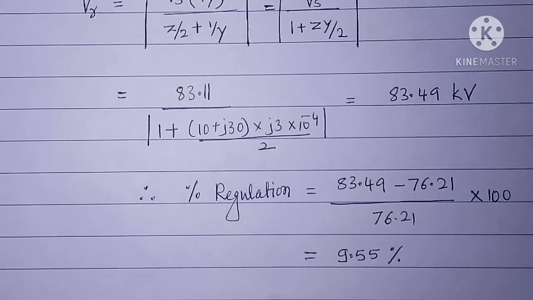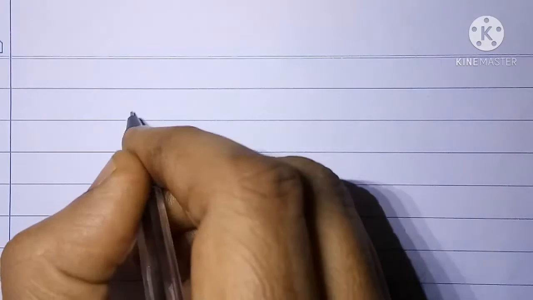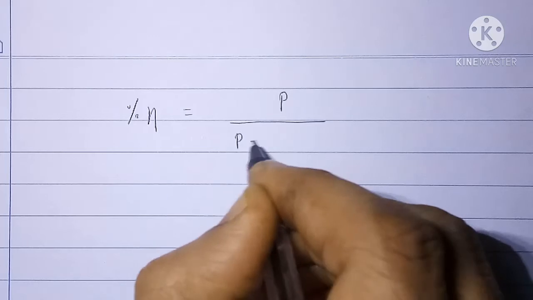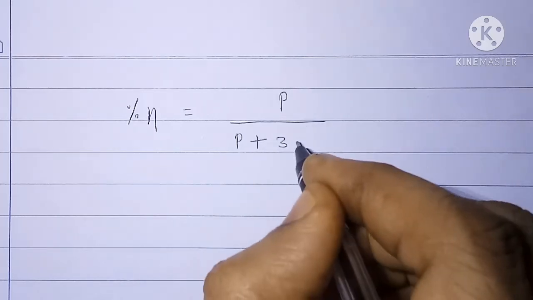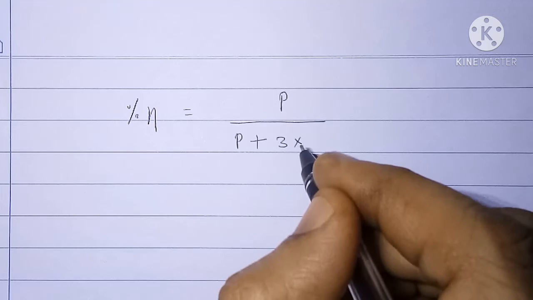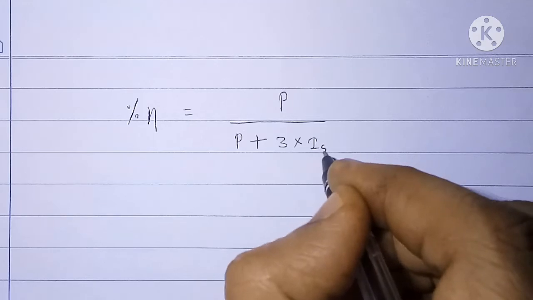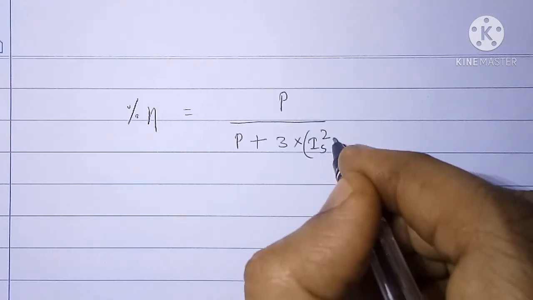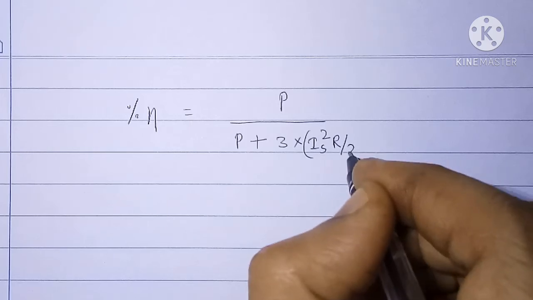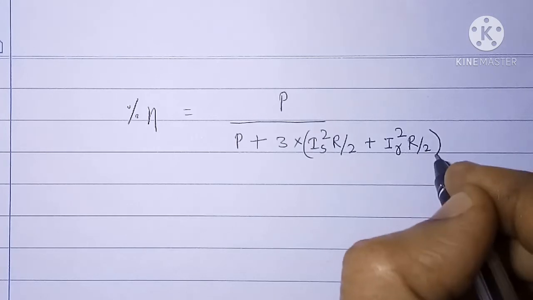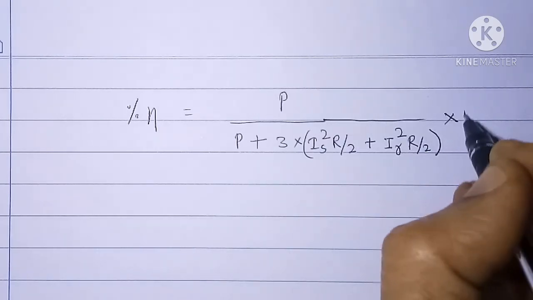Next we have to calculate efficiency. Percentage efficiency is equal to P divided by capital P plus 3 into IS square into R by 2 plus IR square into R by 2, into 100.